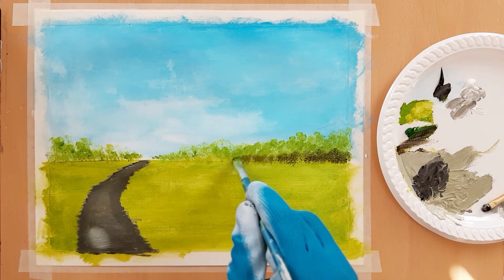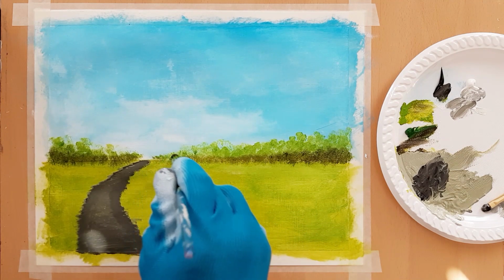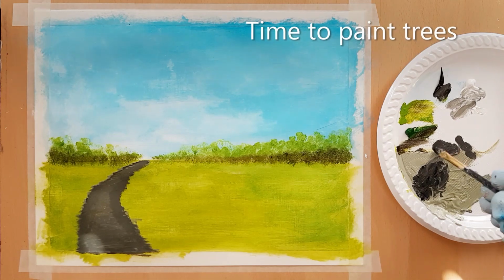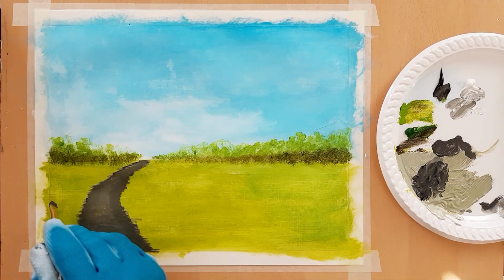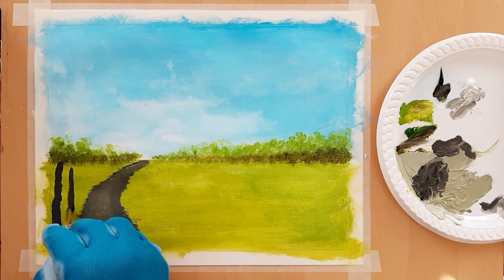After this, we can start painting the trees along the side of the road. For the tree trunks and branches, we will use the same dark mix that we used for painting the road. Start by painting the tree trunks using a small flat brush.